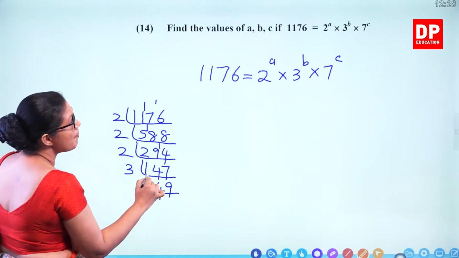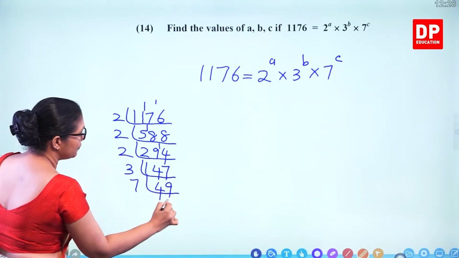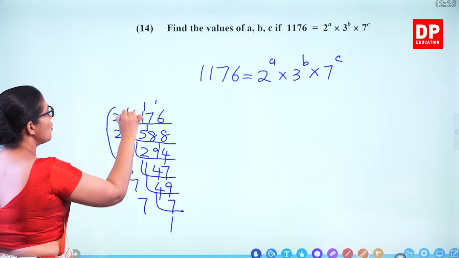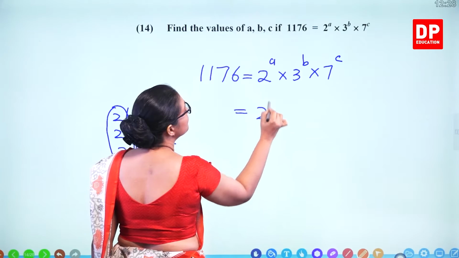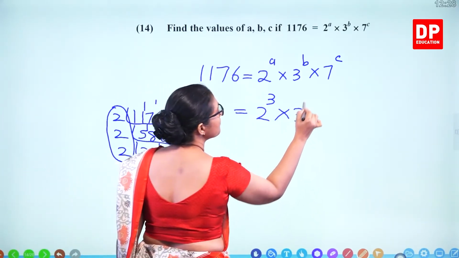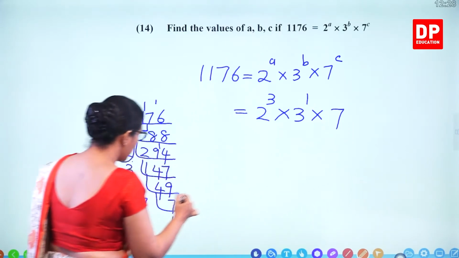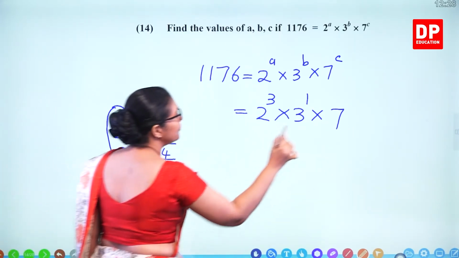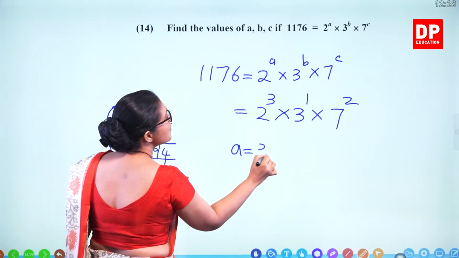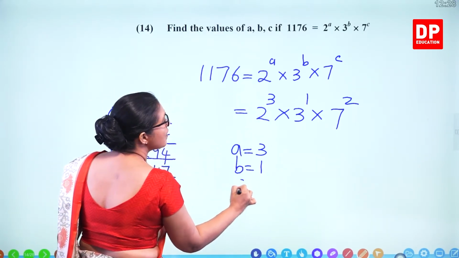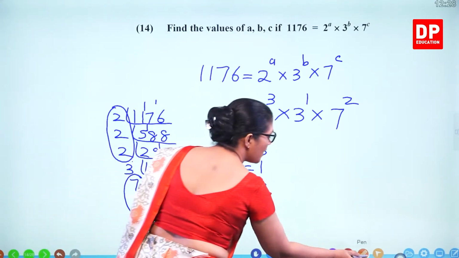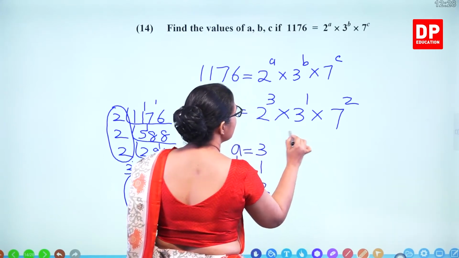You can divide by 7 now. Now see, 3 twos. How many 3's? 1. How many 7's? That's 2. Now you can compare these two: A equals 3, B equals 1, C equals 2. So just compare. So you get 2 marks for that.